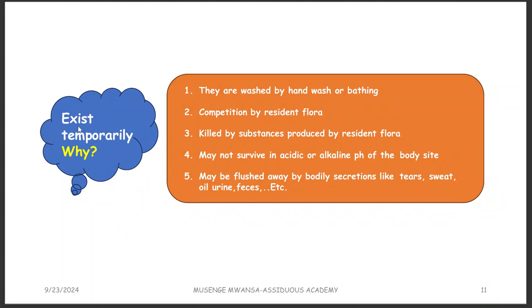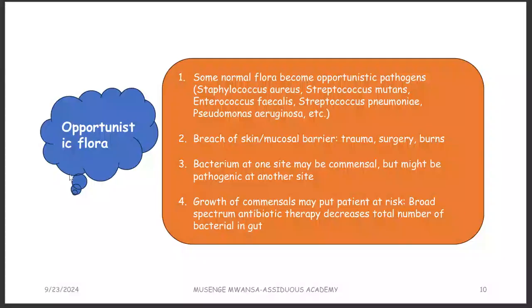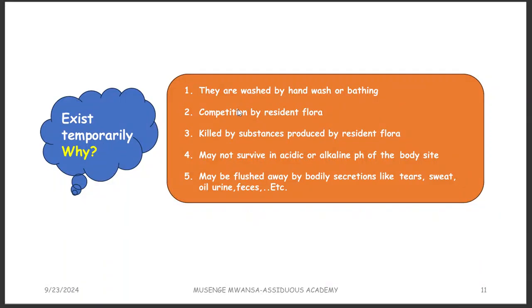Now, some of these bacteria exist temporarily. The opportunistic ones exist temporarily. Why? They can be washed away by hand washing or bathing. They compete with the resident flora, so they will be chased away.